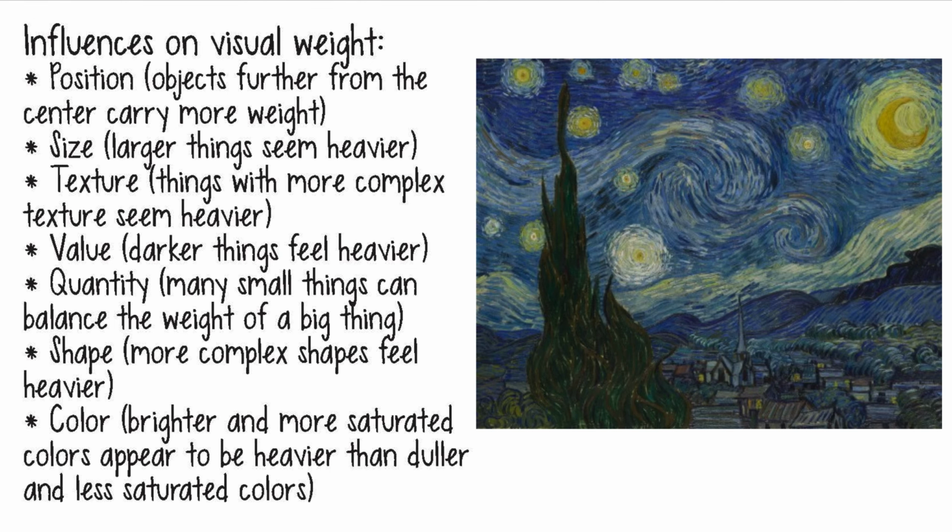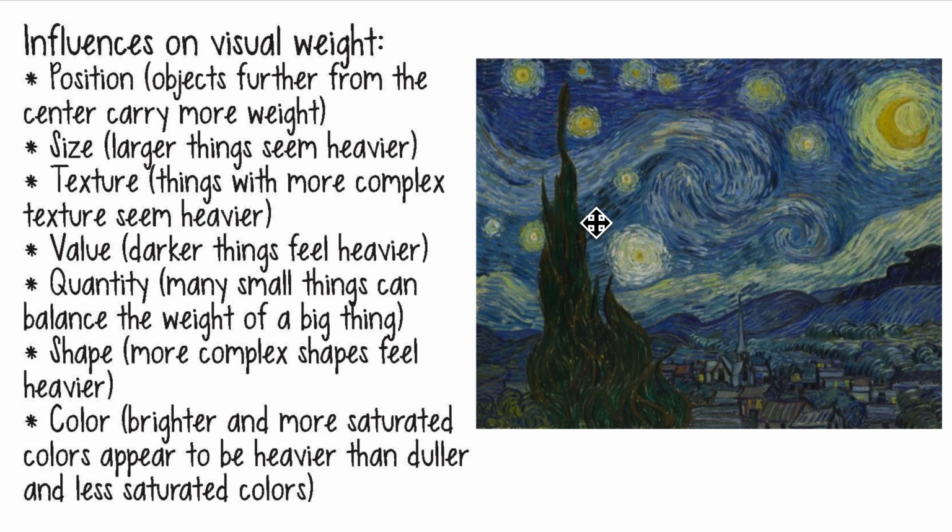So there's something called visual weight. If you look at this image, a very famous image, we can talk about position. The position of an object in an image will give it weight. Objects further away from the center have more weight.